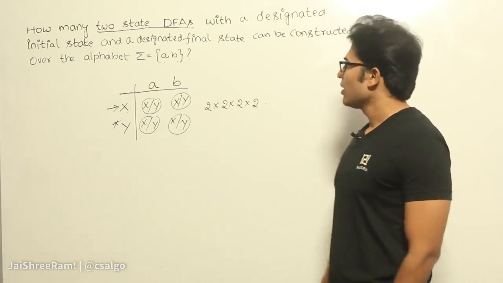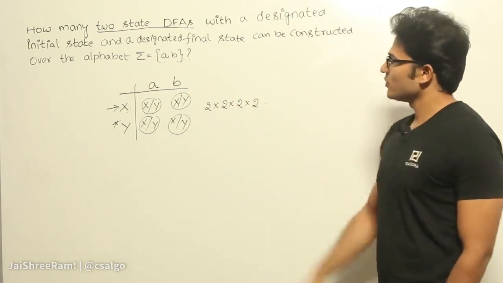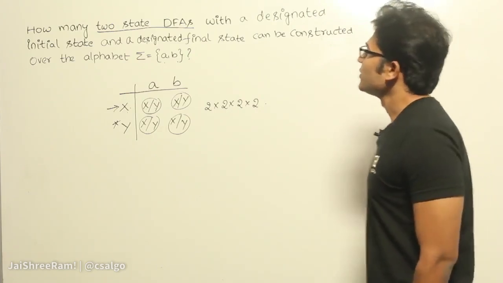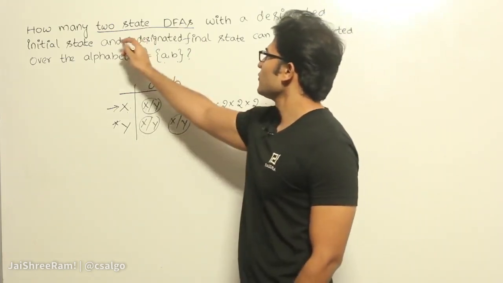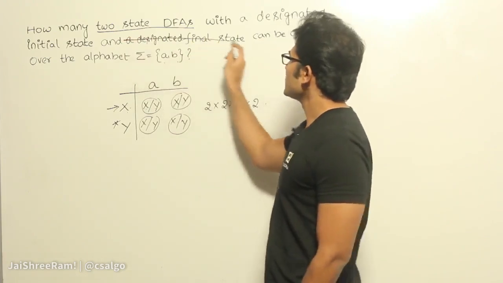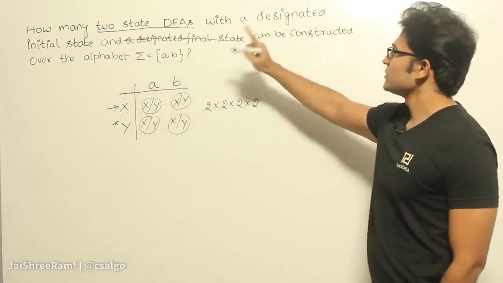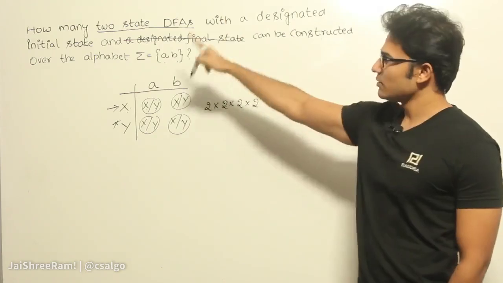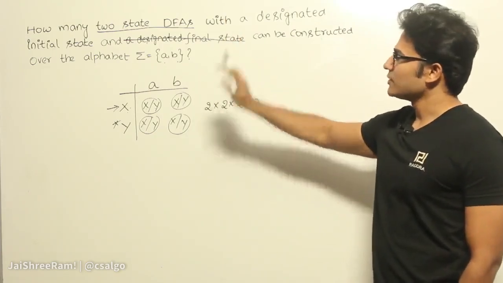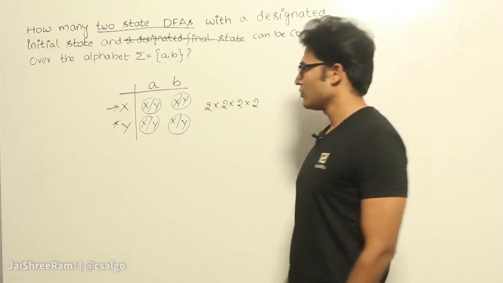Got it? Now let's see a small modification to this. Assume that the designated final state is not given. It is simply given that there is a designated initial state, and nothing is mentioned about the final state.